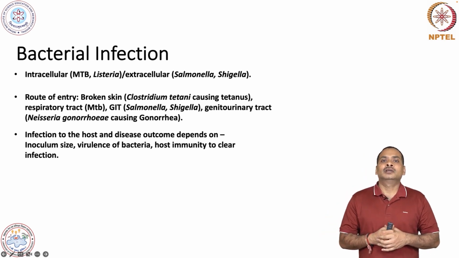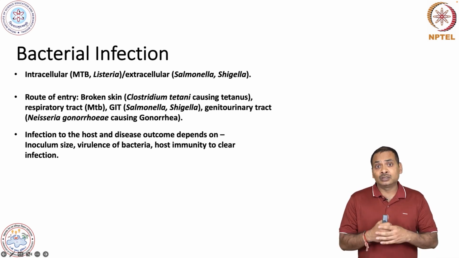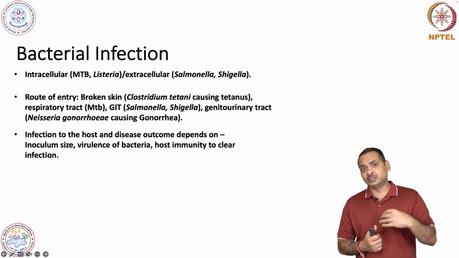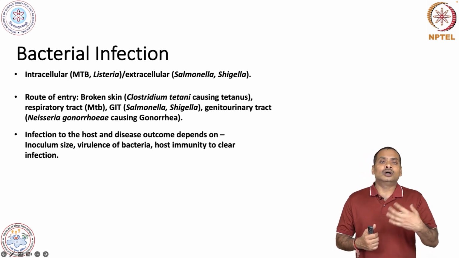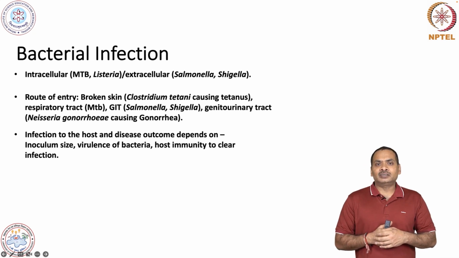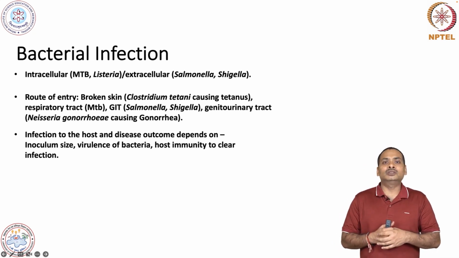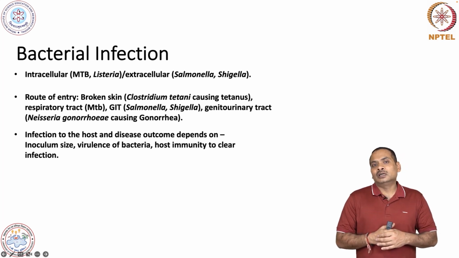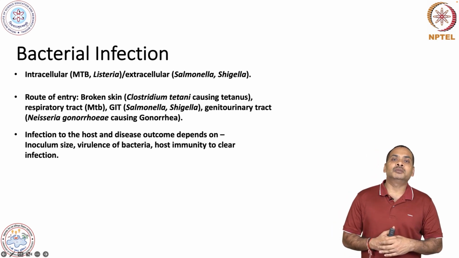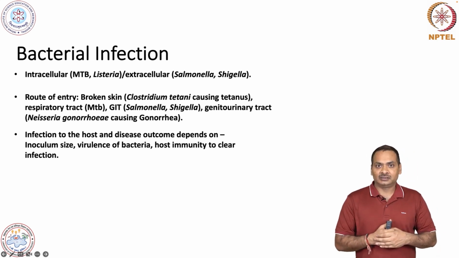If the host received a reasonably higher amount of inoculum, whether by the respiratory route, oral route or genitourinary tract, then the infection will take place. If it is a very small amount, maybe the disease will not happen, because maybe your innate immunity is capable of eradicating or eliminating that infection.